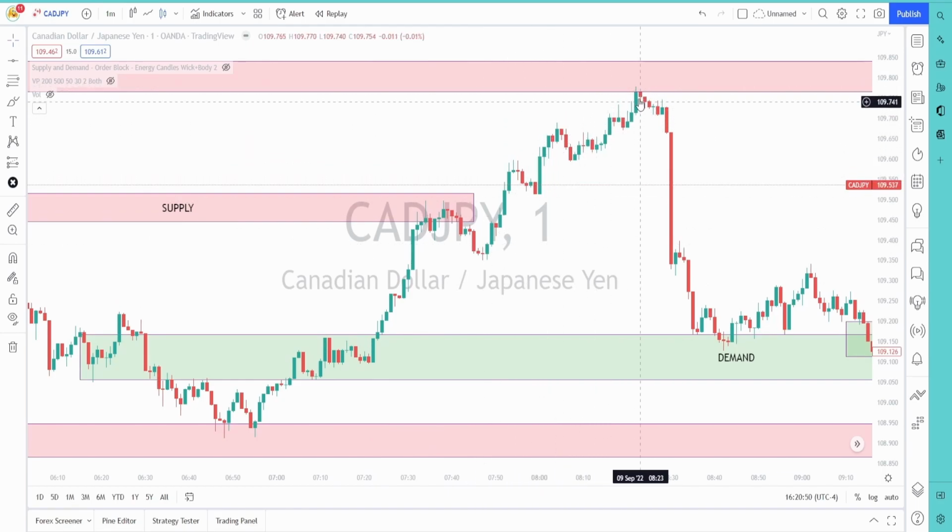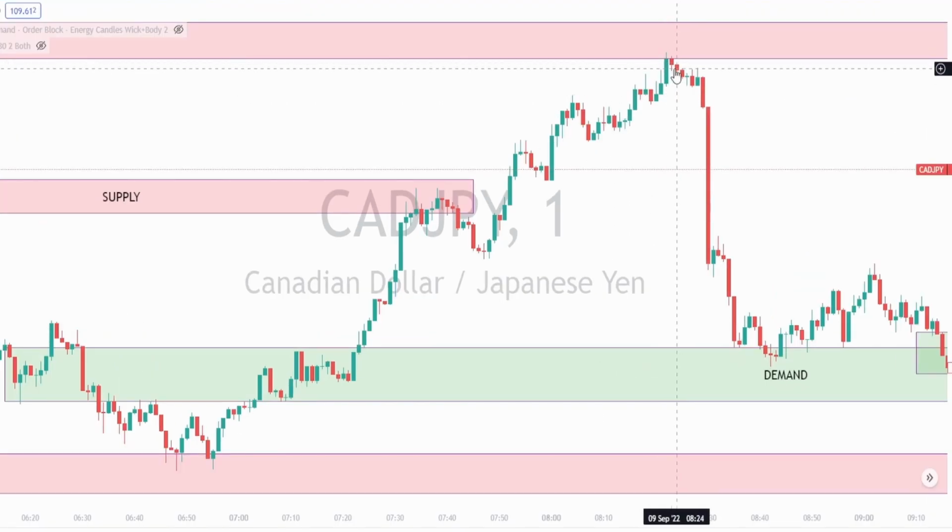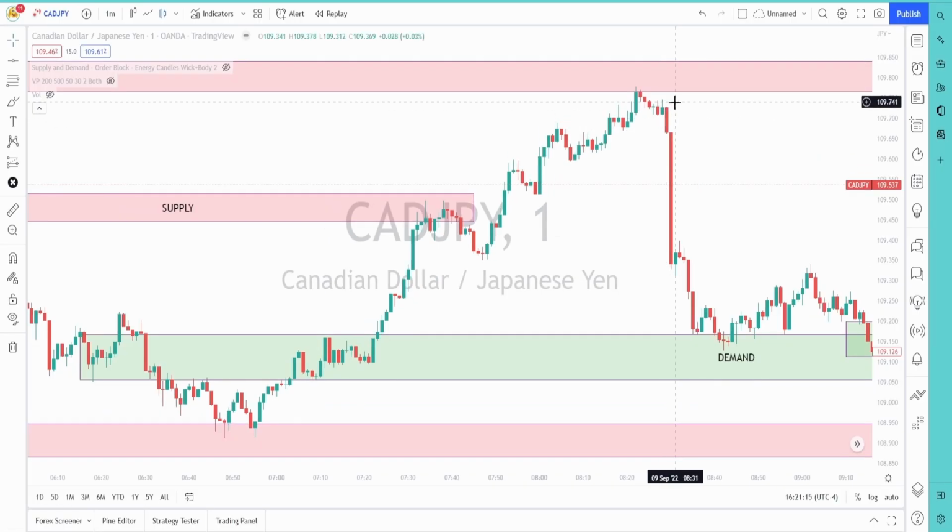Now, I'm not sure if I would have taken this trade. So it depends. You have to decide what's best for you. You could see that price pushed into it and reacted and then pushed away. Small candles, an engulfing pattern, pushed, broke below these candles.